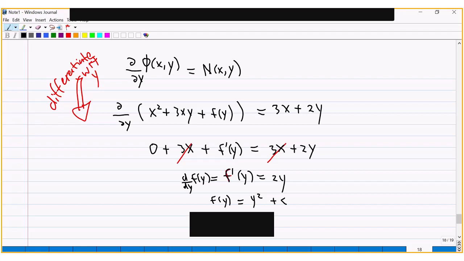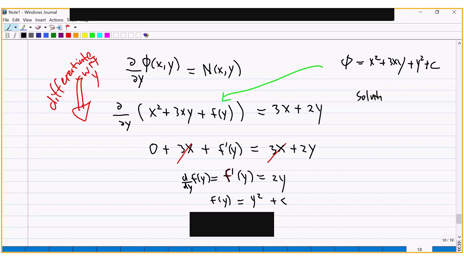So I know that this function is first x squared plus 3xy, going here now, plus fy. Fy is y squared. Okay, so the solution is what?